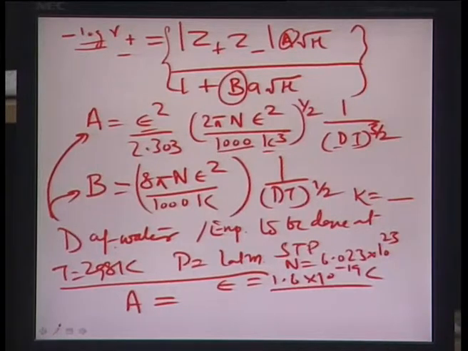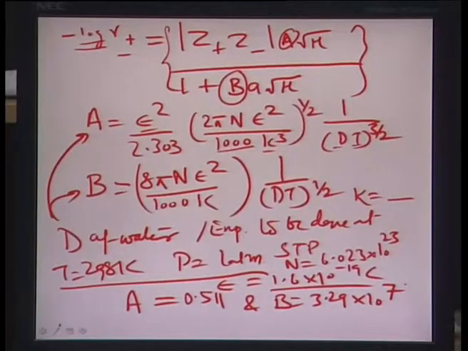So, you can compute all these values and A comes out to be 0.511 and B comes out to be 3.29 times 10 to the power of 7, a relatively very large value. But B is also in product with the ion size parameter, which may be a few nanometers, and we will be estimating a few tables later on for the ion size parameter A. So, the equation and the gamma value would hold consistency.